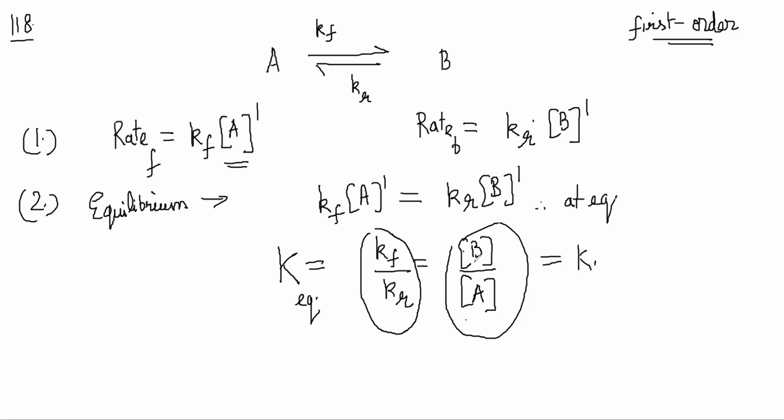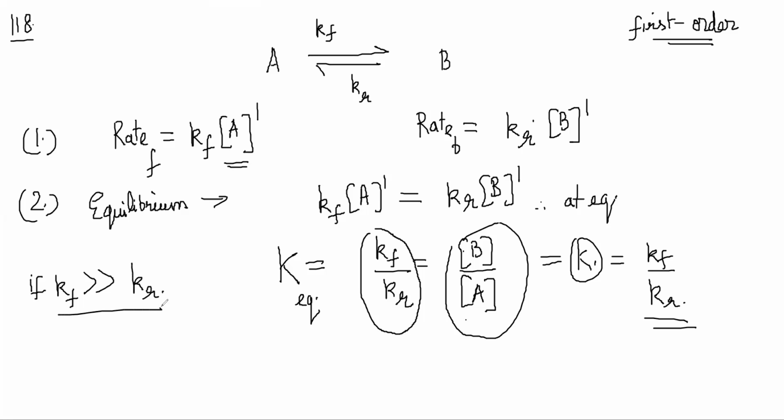So now think about it. Because this value, capital K, is dependent on Kf by Kr, right? If Kf was much, much greater than Kr, right? Then this ratio is much greater, a very high value, right? Then at equilibrium, B is much higher than A, right? So that means what? That the reaction has gone almost 100% forward, right?